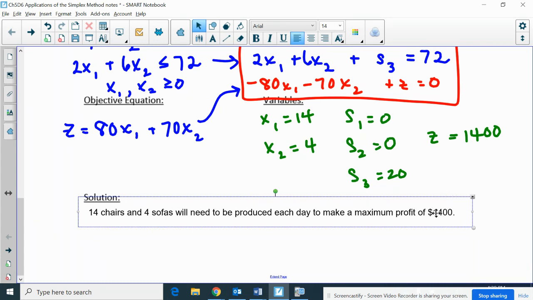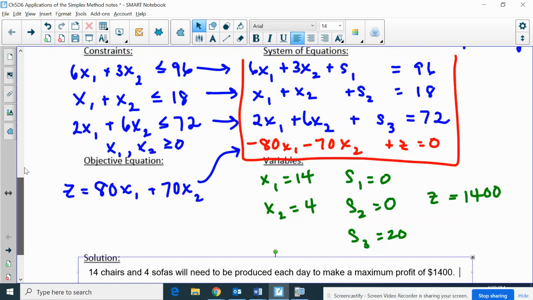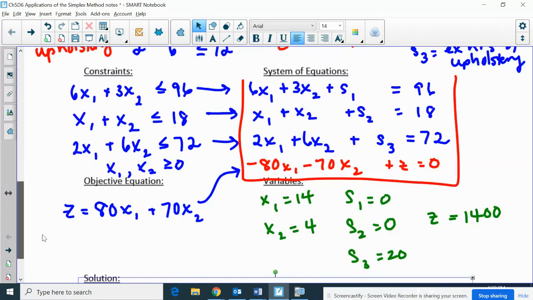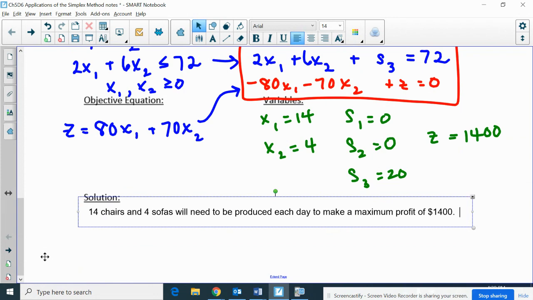$1,400. Now my slack variables, remember these went with, if I go back up to the top, we wrote what they meant. Extra hours of carpentry, extra finishing, and extra upholstery. So S sub 1 has no extra hours left.